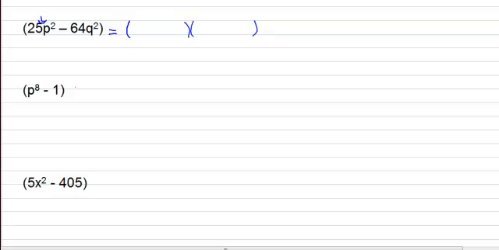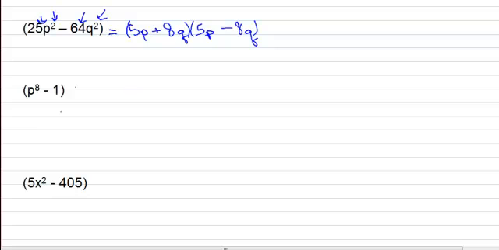The square root of 25, first position. Square root of p squared, still in the first. Square root of 64. And the square root of q squared. So do you see how we just literally go through and pull the square root of everything, making sure we put it in proper place, and then we just put in our plus and our minus, and we're done.